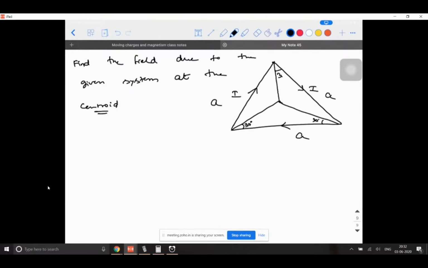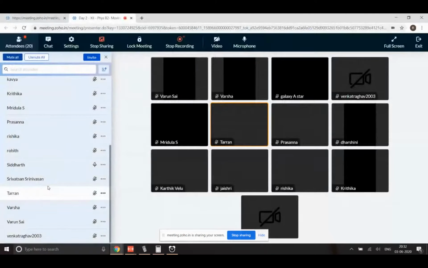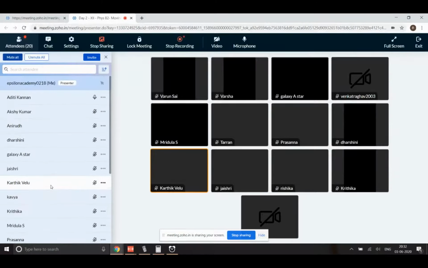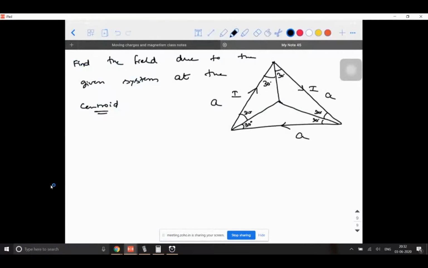Then what are you planning to do? Sir, we can extend the median, sir. Okay, we can extend the median. Don't the medians have a property that they cut in the ratio of 2:1?